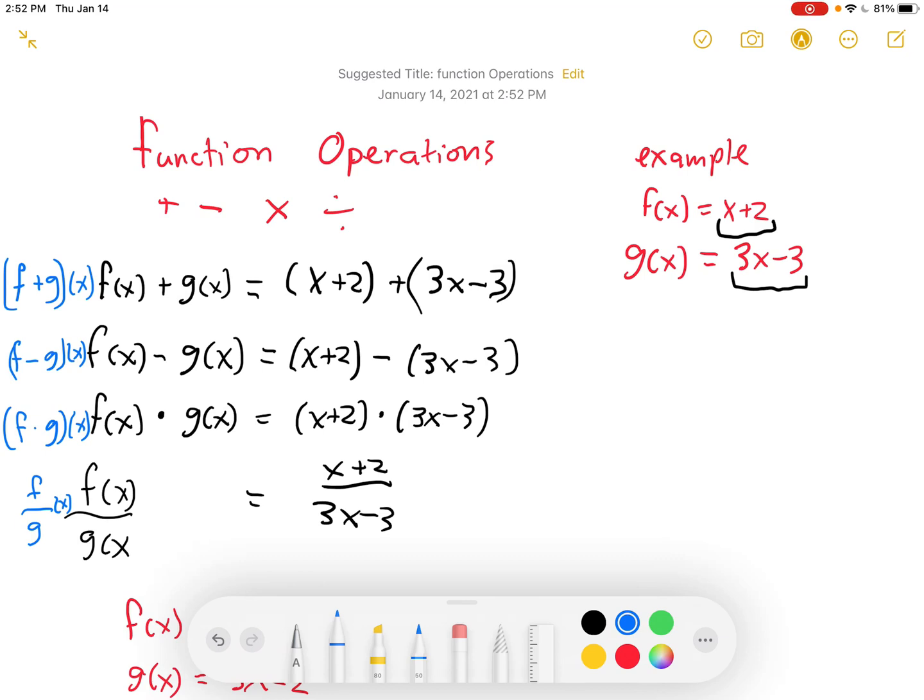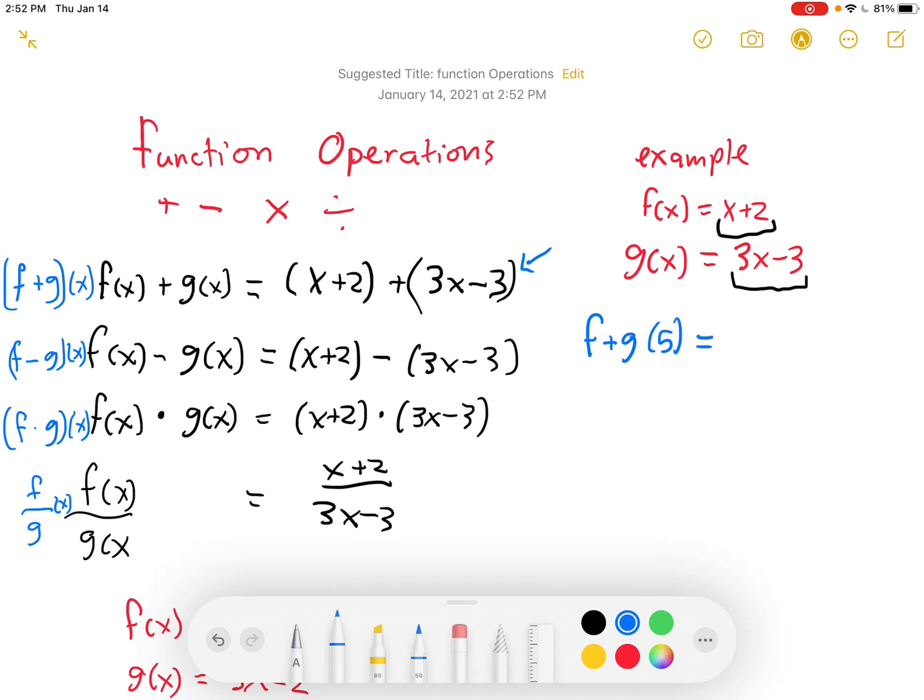However, one thing I want to point out is on the problems that we're going to be doing, we're going to be finding this for a value for x. So let's go ahead and plug in f plus g of 5. Well, we would simply take this one, since it's addition, and plug in 5 for x.